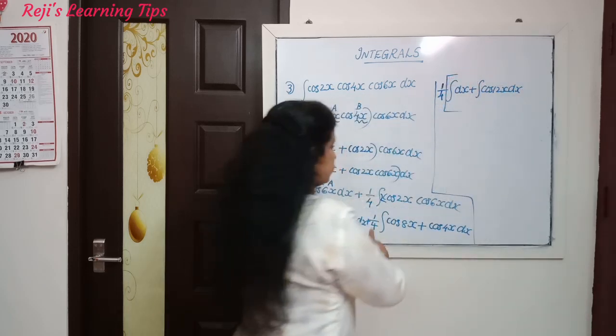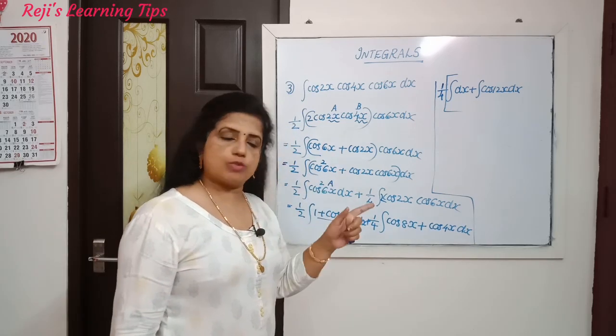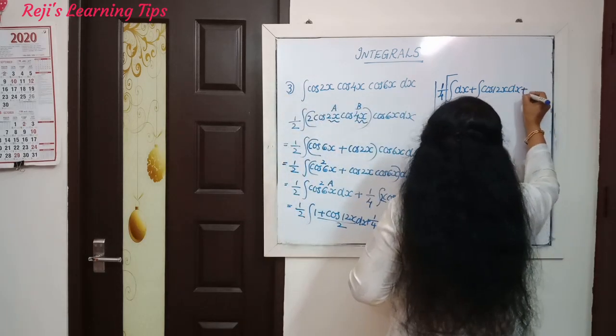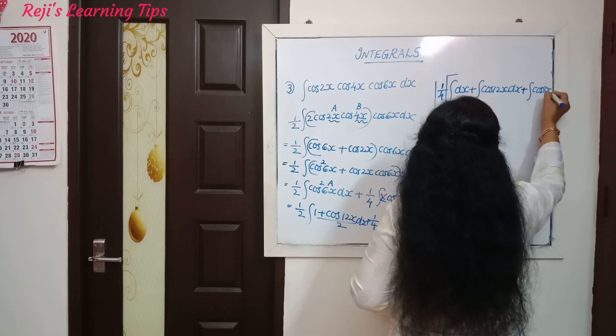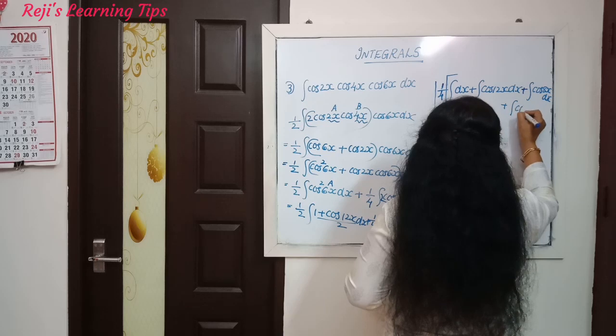Here also 1 by 4 is common to both of these, so we should take this 1 by 4 also outside. Then we can write plus the integral of cos 8x dx plus the integral of cos 4x dx.